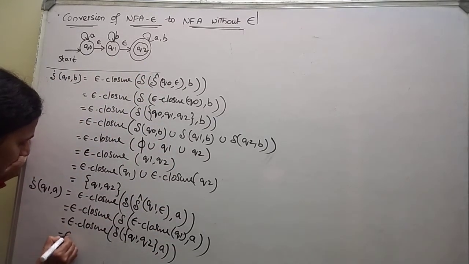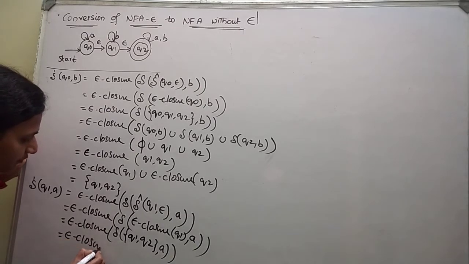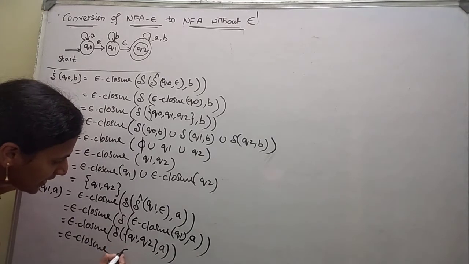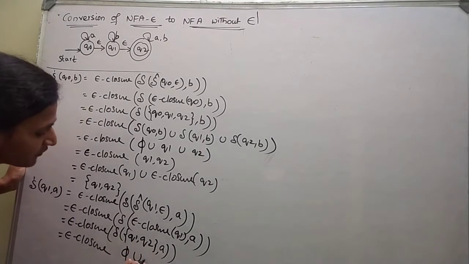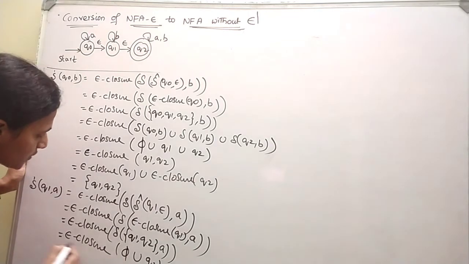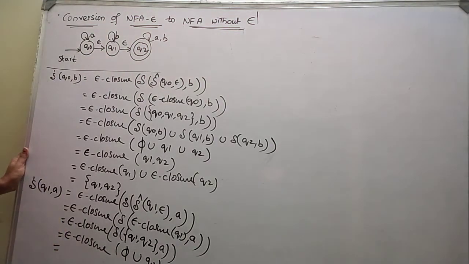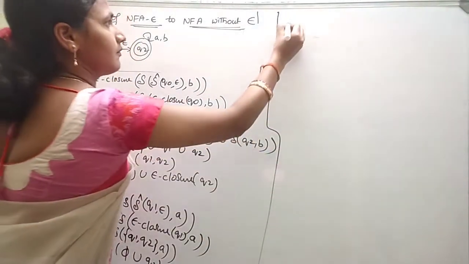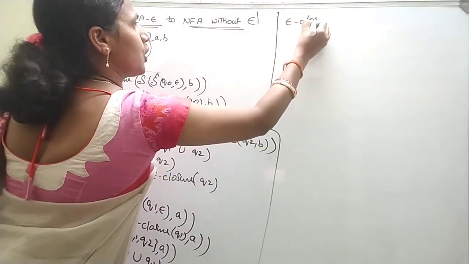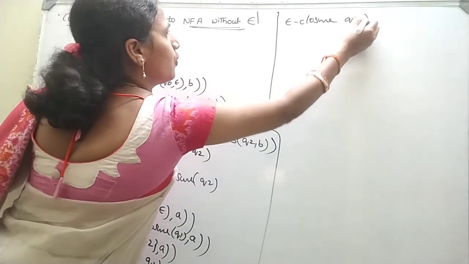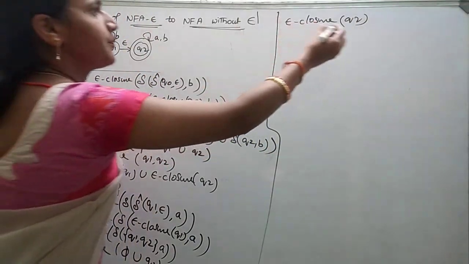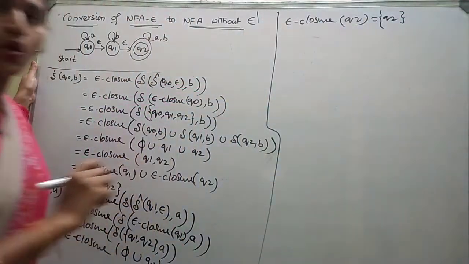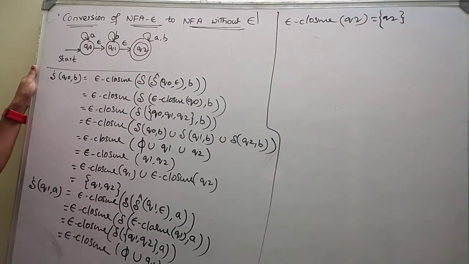So Q1 of A is phi union Q2 of A is Q2. We need to compute epsilon closure of Q2, which is Q2 itself.